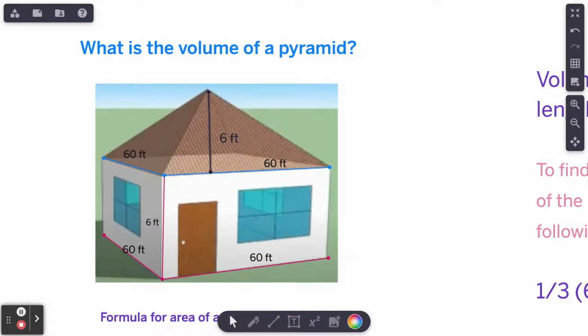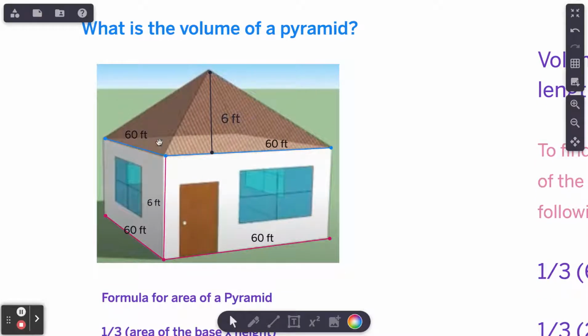Maybe we're going to make this into a nice cool room and we want to put an air conditioning in there. We need to know how much air we need to be able to cool off in here. So this is a square pyramid, has a base that is a square, it's 60 by 60, and the height of our pyramid is 6 feet.